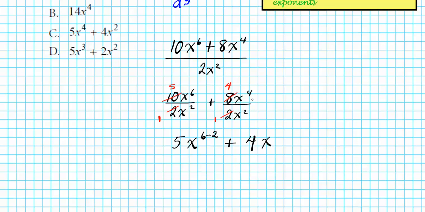What happens when we apply the quotient property to these powers? You subtract, 4 - 2. Then your final answer is going to be 5x^(6-2), which is x^4, plus 4x^(4-2), which is x². So our final answer for number 18 is option letter C.